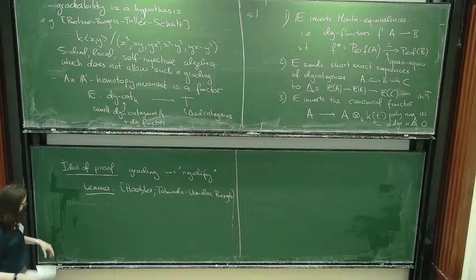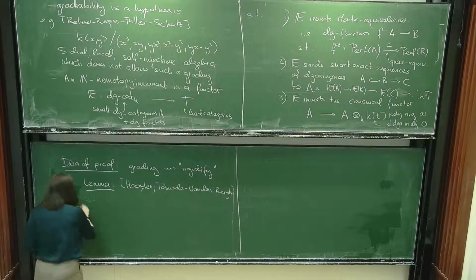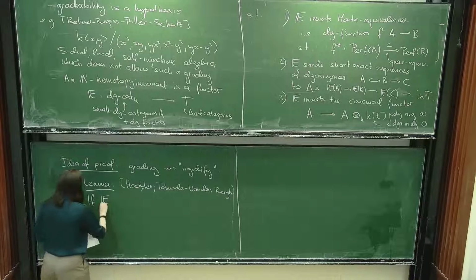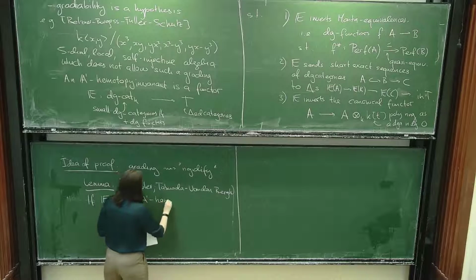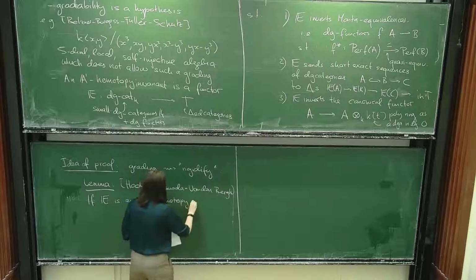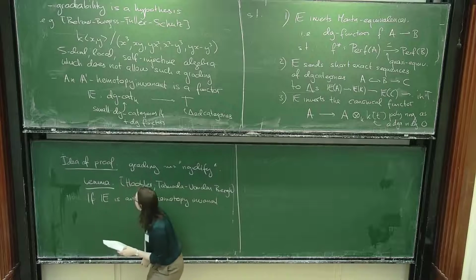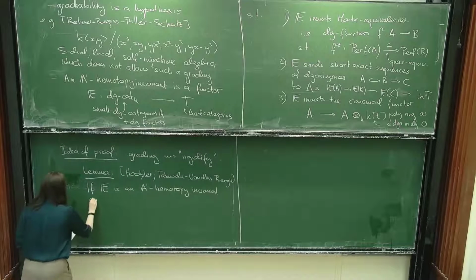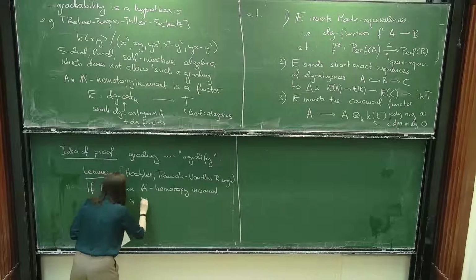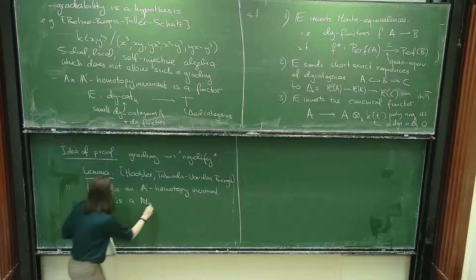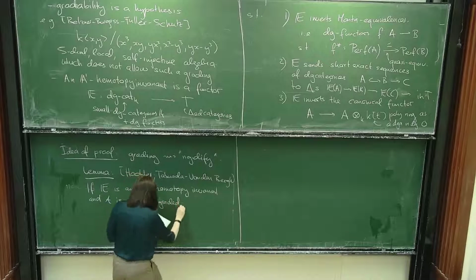And this tells us that if we have a A1 homotopy invariant, and A is a non-negatively graded DG category.